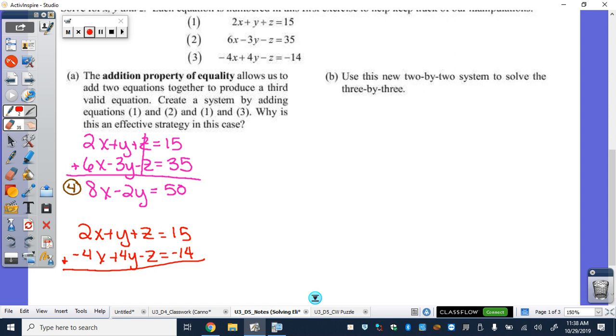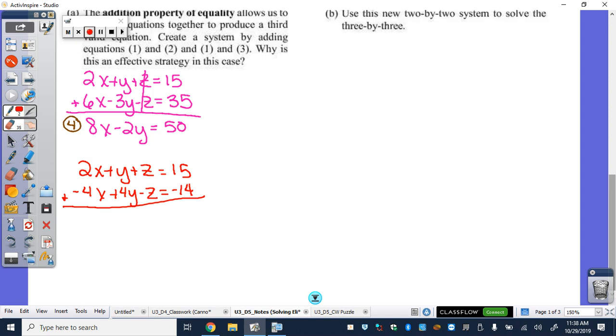So I'm going to set up to add equation 1 and equation 3 together. So when I add them together, I get negative 2x plus 5y equals 1.